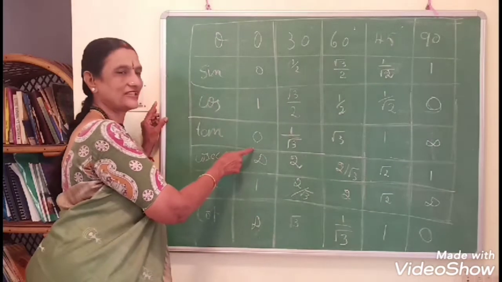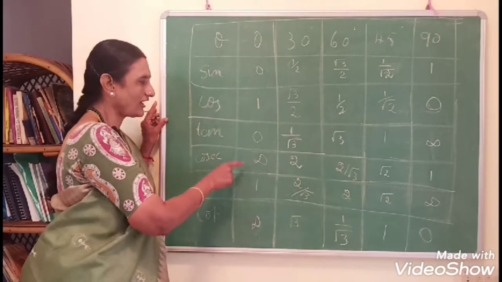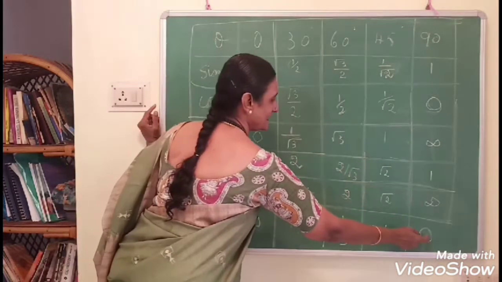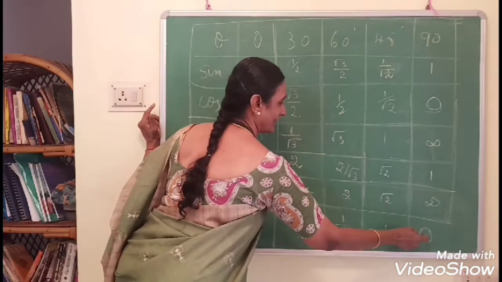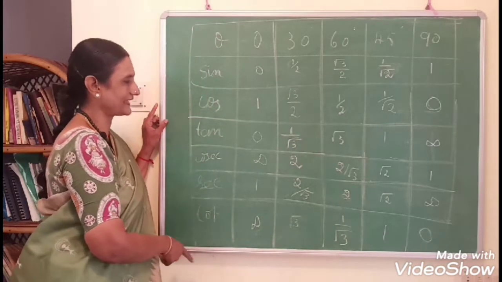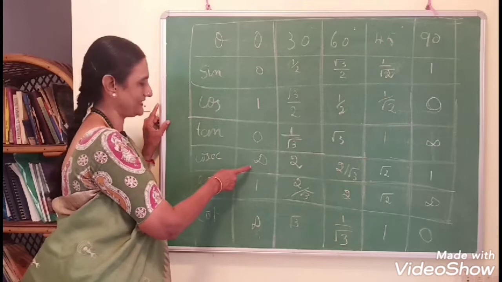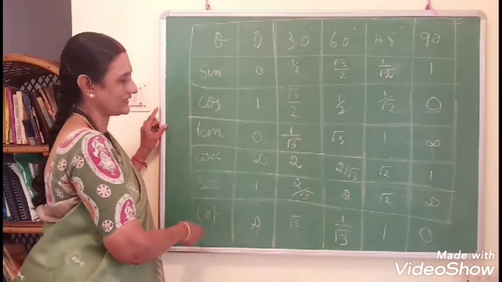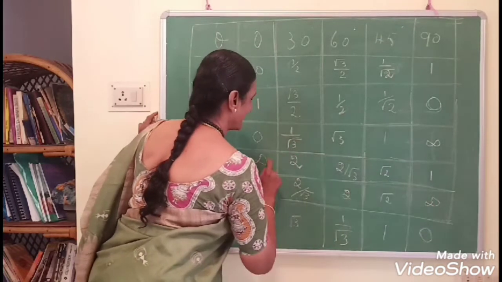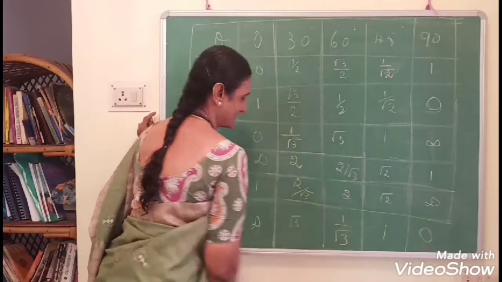Now, tan of 0 must be equal to cot of its complement. The complement of 0 is 90. Therefore, we have got tan 0 and cot 90 as 0, 0 only. Similarly, cosecant of 0 is infinity, and that is equal to secant of its complement, which is 90. So, there is a matching between these two values.